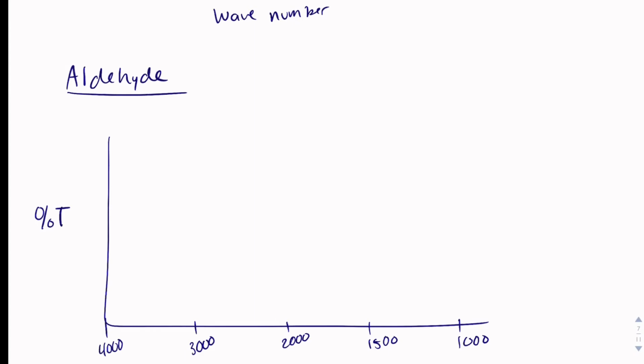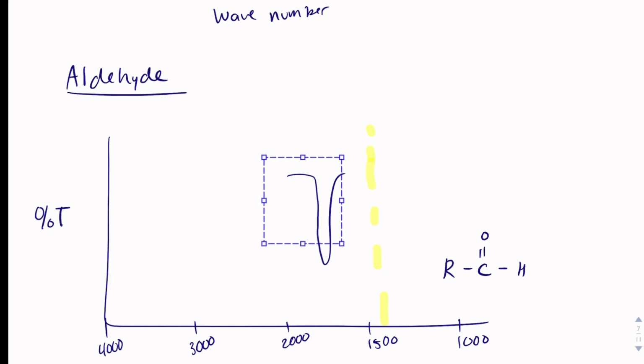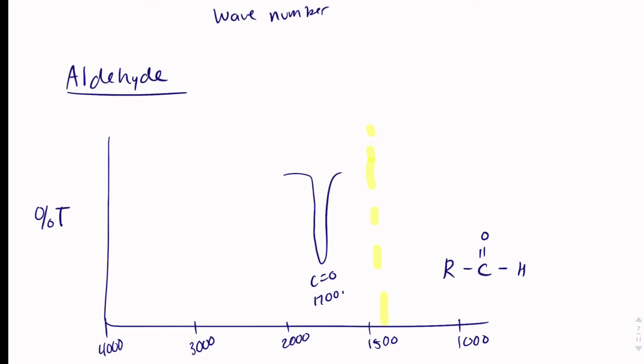And aldehydes, you've got them in your notes, but they're going to be R, C, and then H. Okay, so we're going to have, and maybe I move that a little bit, C double O, 1,700-ish. We might have some squigglies in the fingerprint region, and I got very sloppy with how I wrote those.